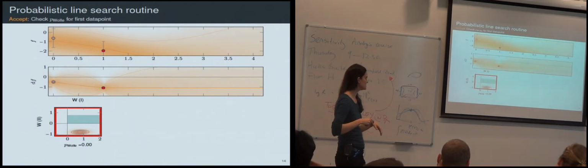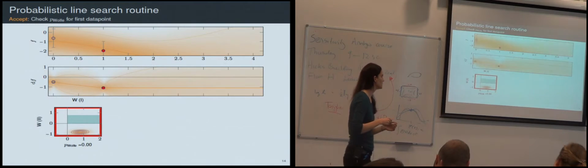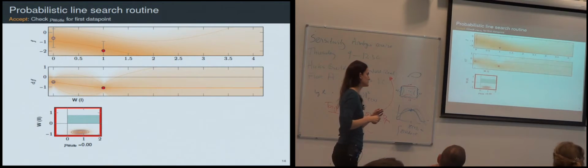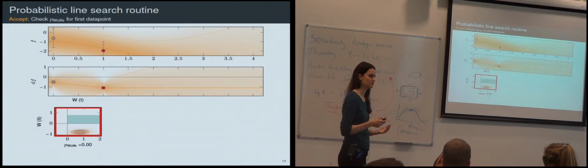And what you've seen down here, this is the Wolfe probability. So this two-dimensional Gauss blob here is the probability density for the Wolfe conditions. For this thing to be accepted, we need it to lie inside of the green area to at least some percentage, and we've fixed it to a certain value, 30%.